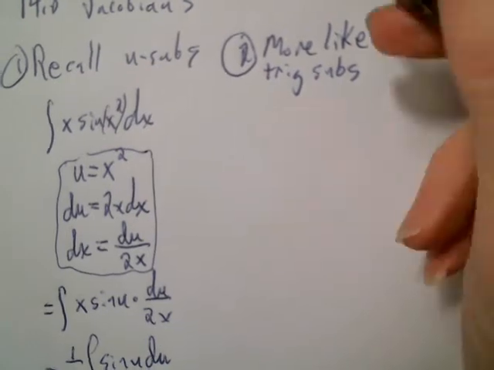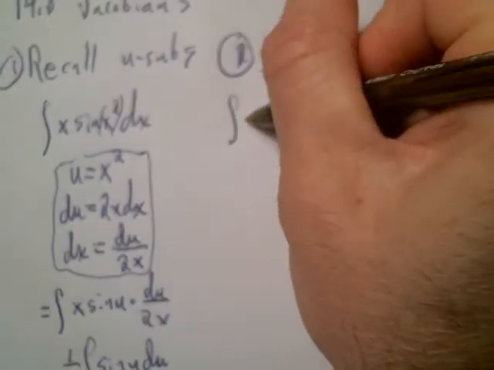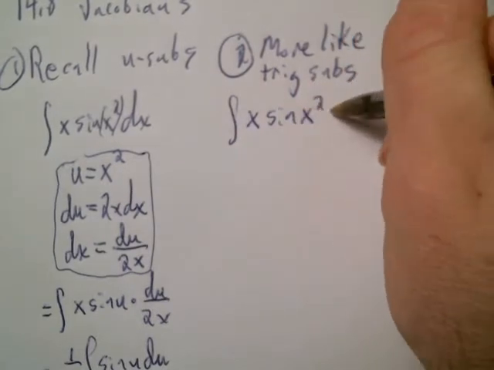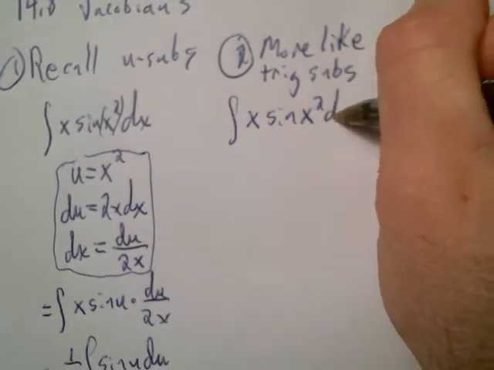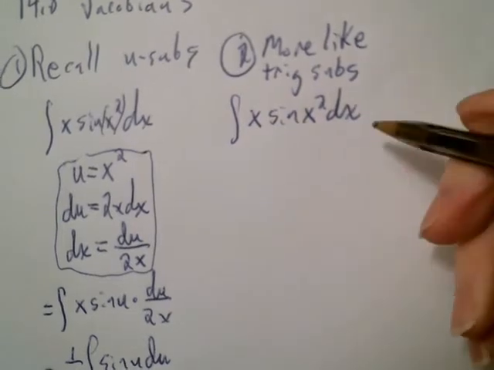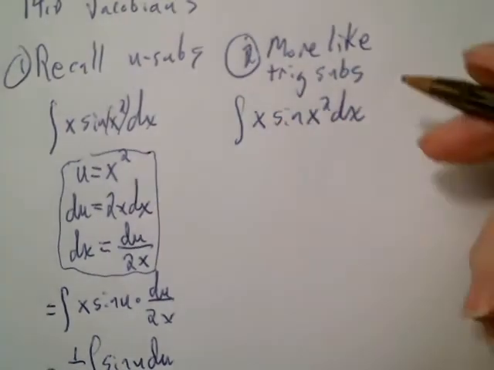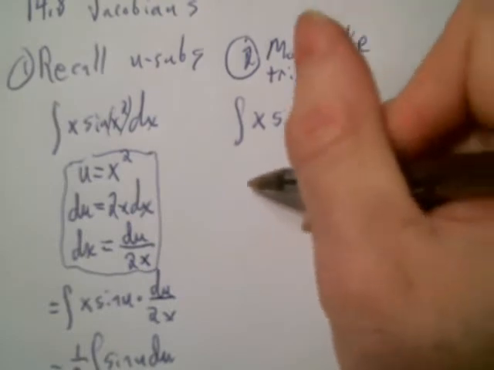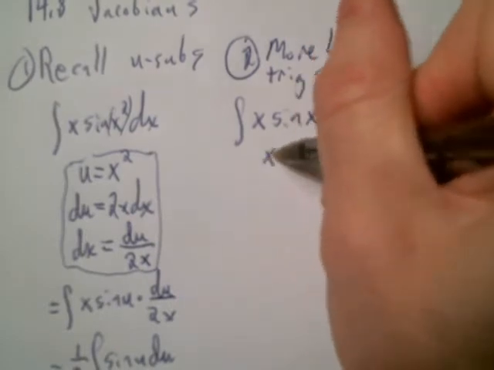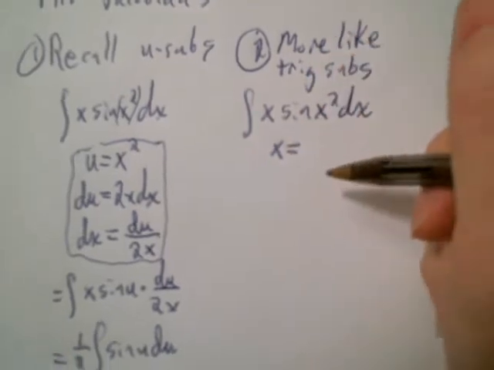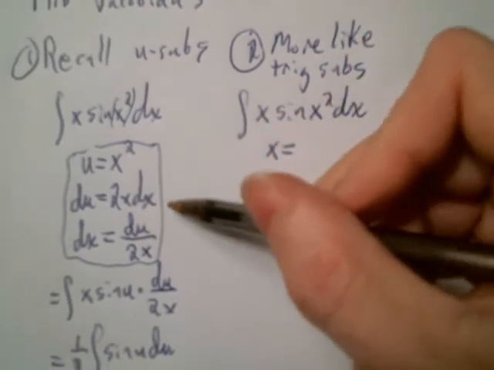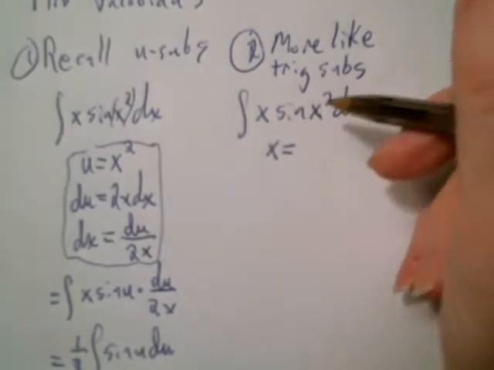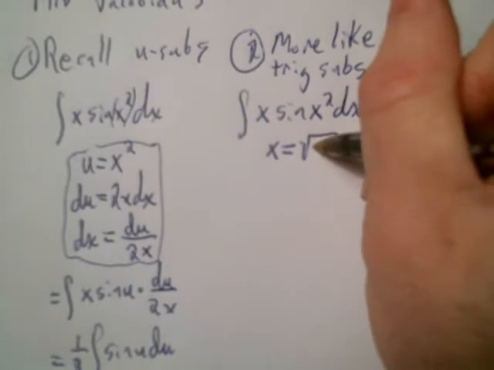So in particular, you could attack the same problem in this manner. It's just you have to be a little more clever about the way you pick your substitution than you were over here. Instead of letting u equal something, you're going to do a substitution for x. And from our knowledge of having done these kind of problems, we know it's probably square root u.